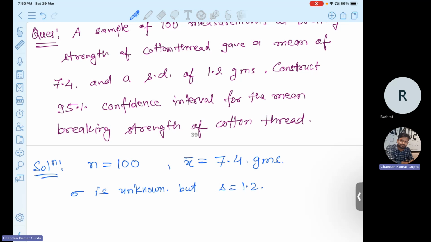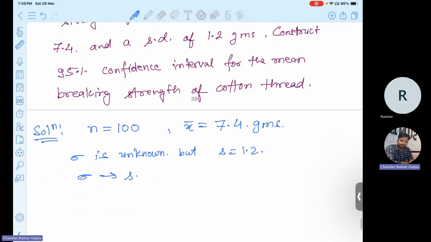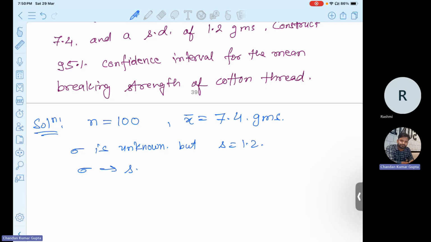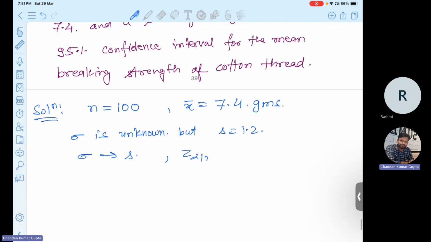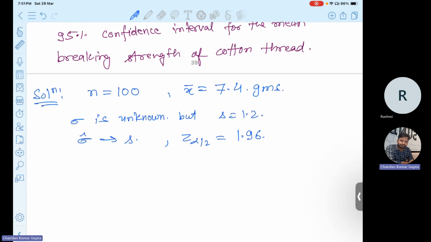Since n is quite large, the sigma value is similar to the s value. The z table and the t table have similar values when n is large. Here n is 100, so we directly use z. And z alpha by 2 at 95% confidence is 1.96.